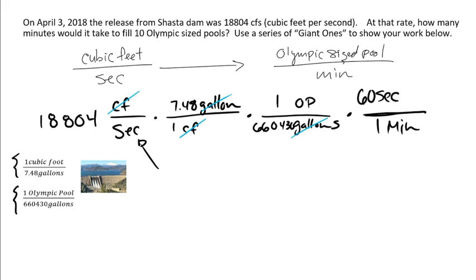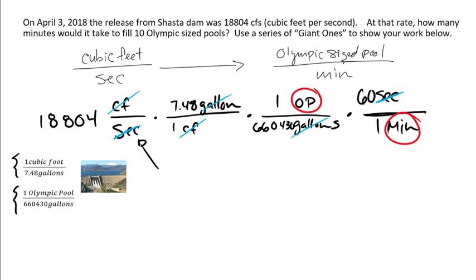So this is another giant one, right? They are both equivalent amounts of time. As a final check here, you can see my seconds are canceling, and the only units in this answer are Olympic-sized pools per minute.